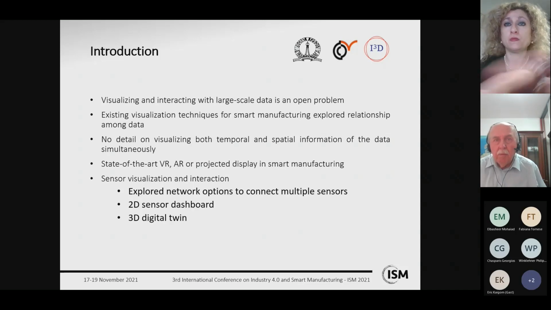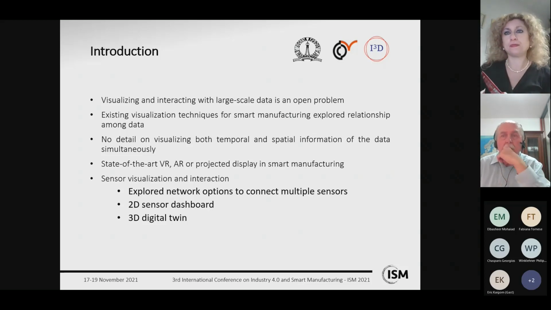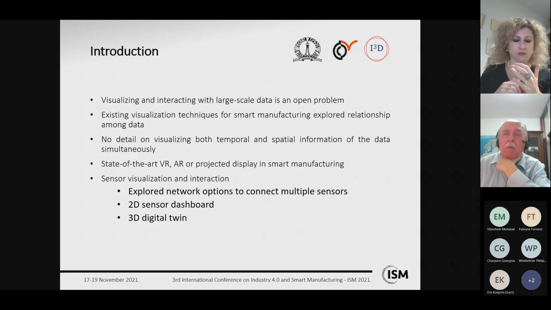So visualizing and interacting with large-scale data is an open problem in the context of information visualization. Let's say, for example, a smart manufacturing setup is spread over several buildings and workshops, and each of those buildings contains several environment monitoring sensors.